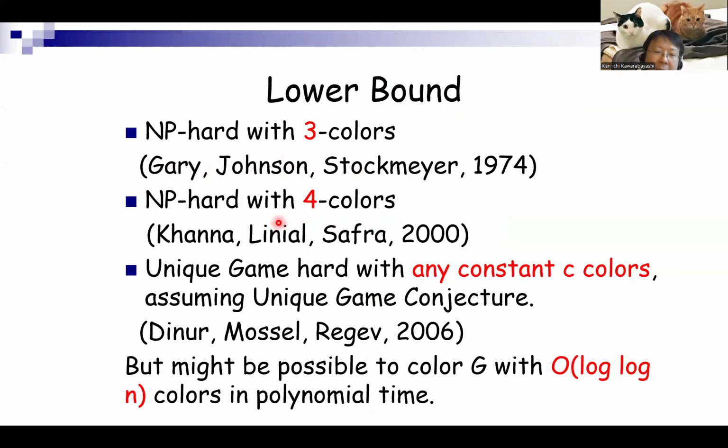It turns out that you can't really color with four colors a three-colorable graph. And it's also known that, assuming the unique games conjecture, you can't really color with any constant number of colors. But we don't really know the right answer. It might be possible to color graph G with something like log n colors in polynomial time.